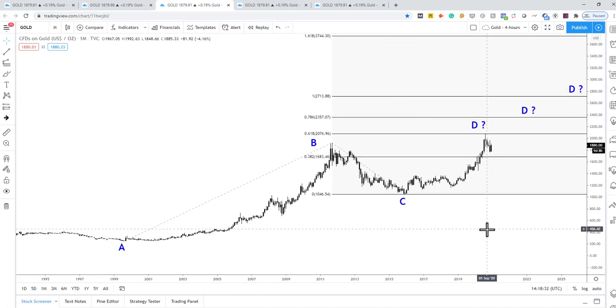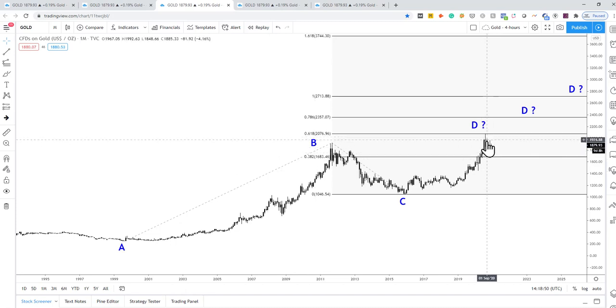Price came up here in August this year and just bam, hit that 62%, 0.618 Fibonacci extension, and then we subsequently got this pullback that I believe has ended or is ending.